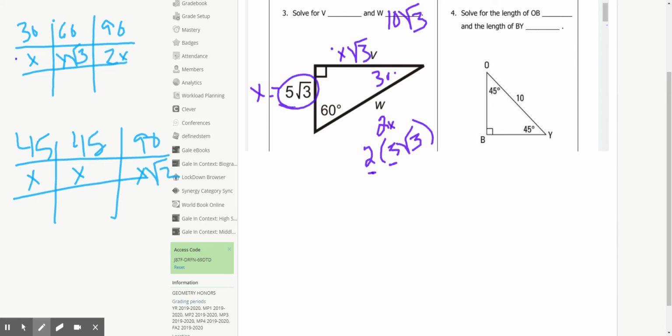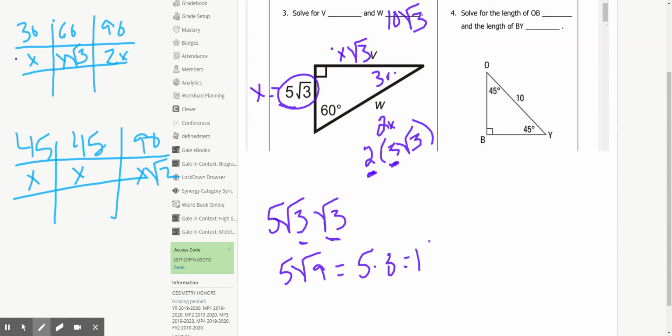This whole thing is x. So when I replace that, I have 5 on the square root of 3 times another square root of 3. Just like here, we multiplied the two numbers outside of the radical. Here, we're going to multiply the two numbers inside the radical. So 5 square root of 9, which is 5 times 3, or 15.